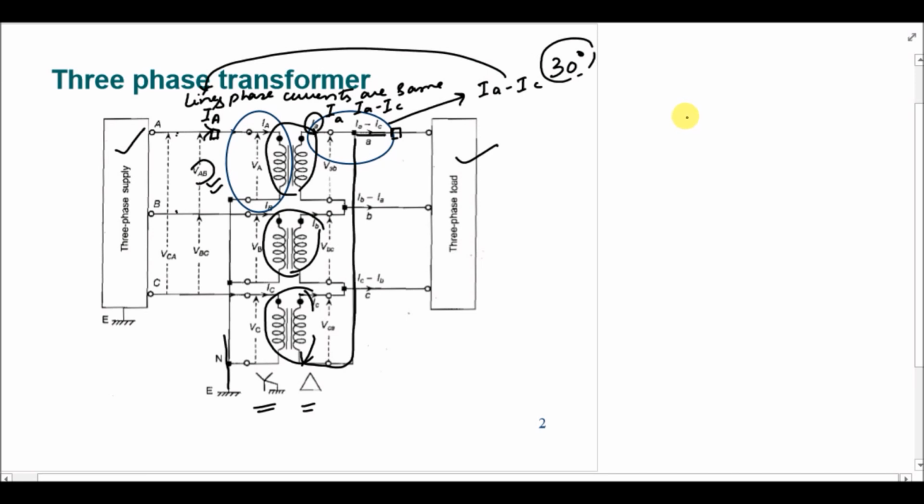In order to compare these two currents, we should have the same value that has to be compared, so now we have to devise a solution for that.